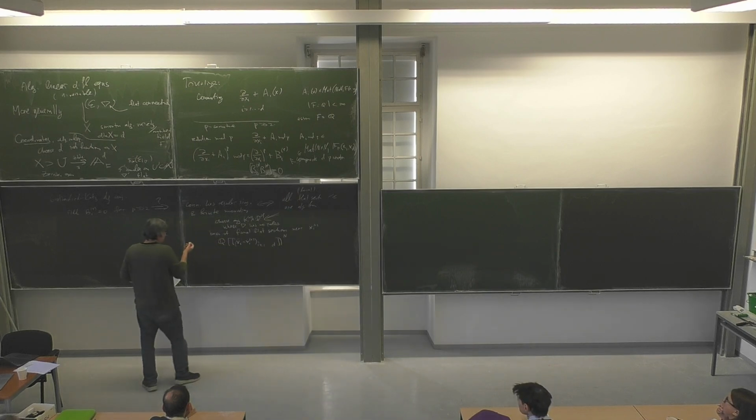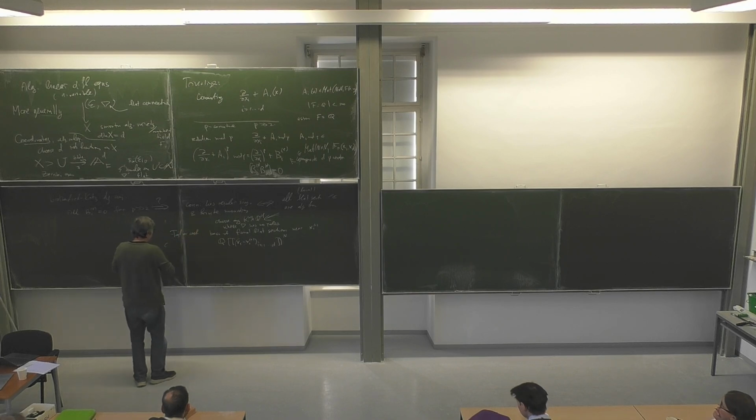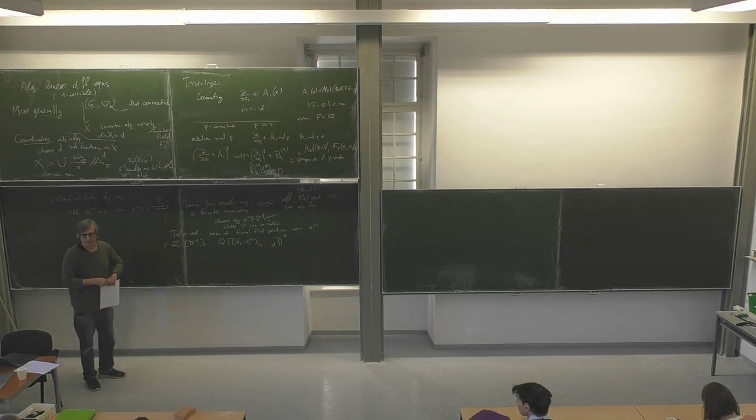And the claim is that all Taylor coefficients belong to Z with an inverse of some discriminant adjoined. So you have only finitely many prime numbers in denominators.